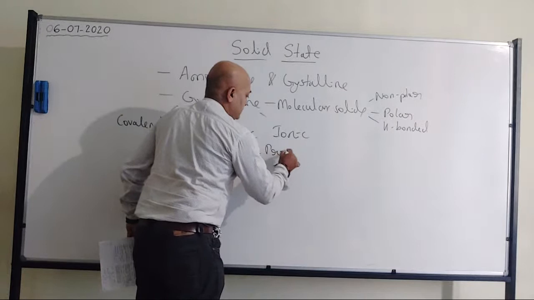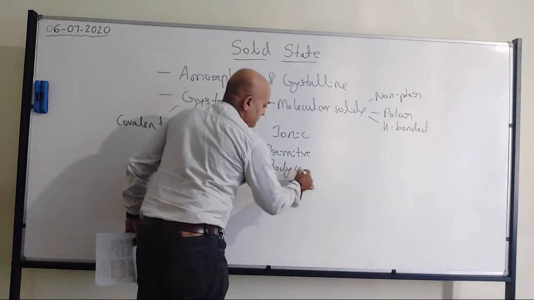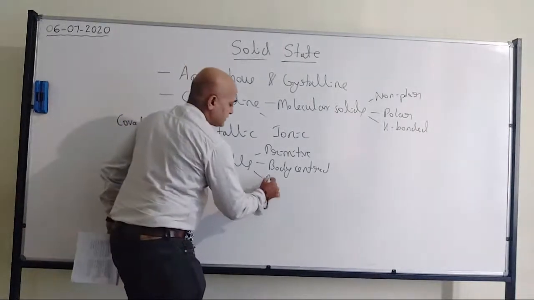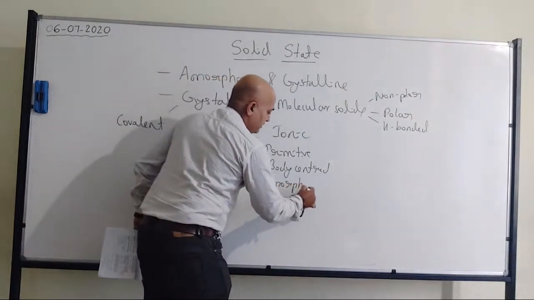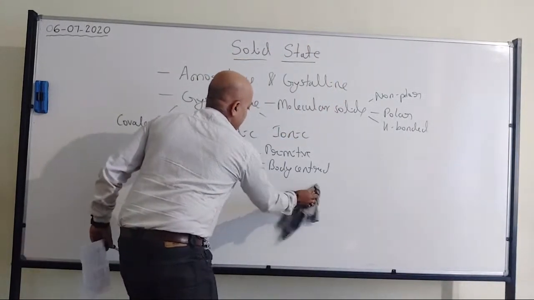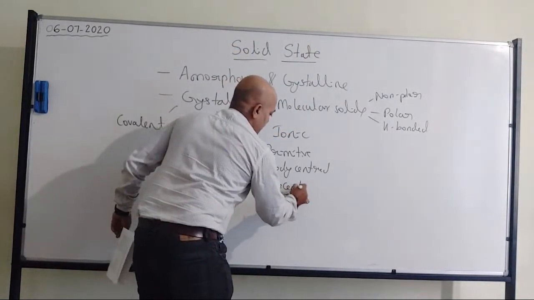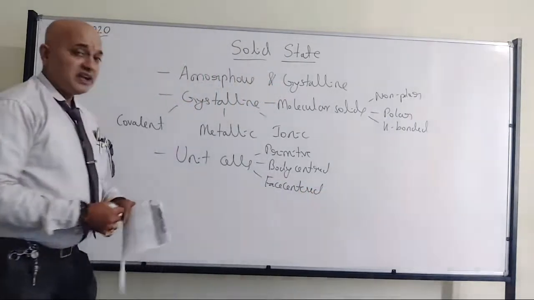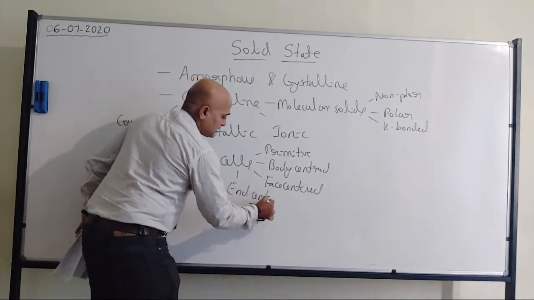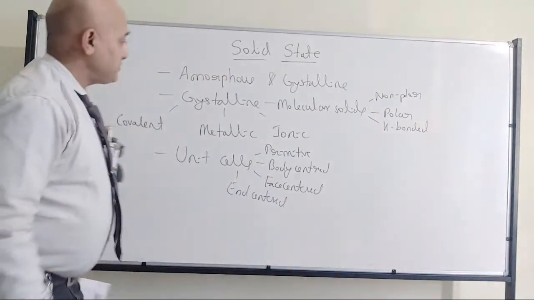We have the primitive unit cell, then the body centered unit cell, then the face centered. Somehow I wrote amorphous. So that's where we have the three major types. Along with that we have end centered. That's where we have different types of unit cells.